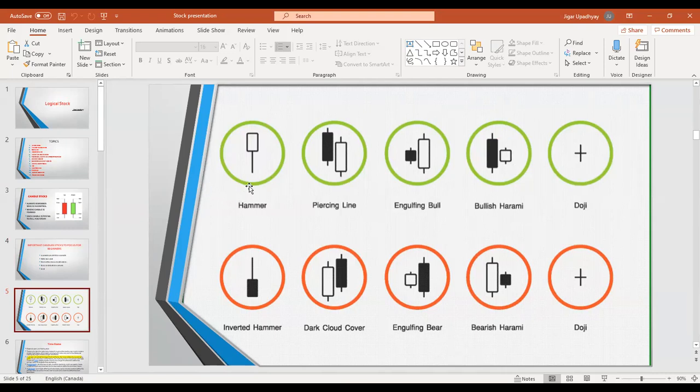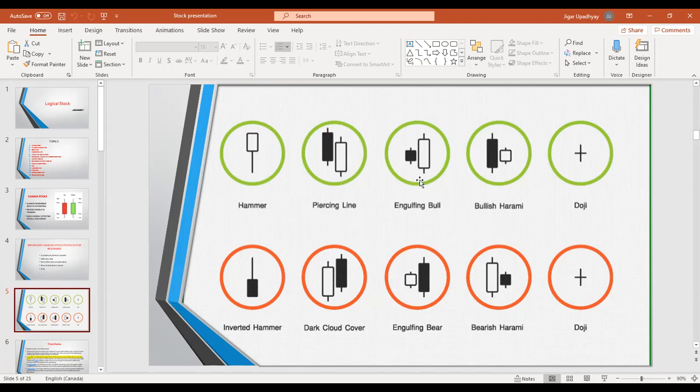When it does the hammer, if you see there is a long wick on the bottom, that means bulls are coming into the control. When you see the piercing line, that means there is a bearish red candle, and the green candle is at least cutting up almost 50% of the previous candle. That means it's piercing the bears.